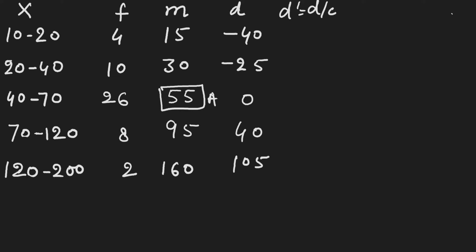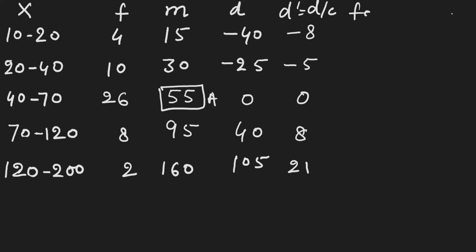So minus 40 divided by 5 is minus 8. Then minus 25 divided by 5 will be minus 5. Then 0 divided by 5 will be 0. Then 40 divided by 5 will be 8, and 105 divided by 5 will be 21. So this is our d dash.